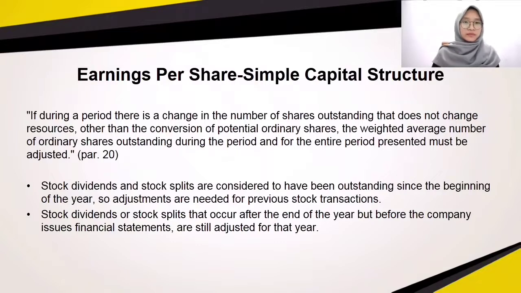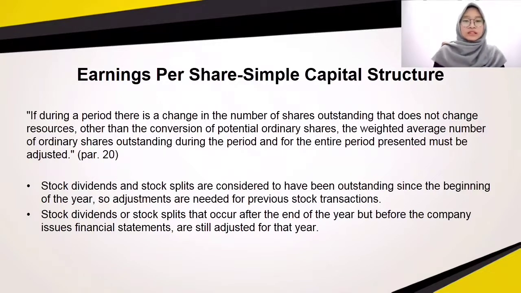If during a period there is a change in the number of shares outstanding that does not change resources, other than the conversions of potential ordinary shares, the weighted average number of ordinary shares outstanding during the period and for the entire period presented must be adjusted.